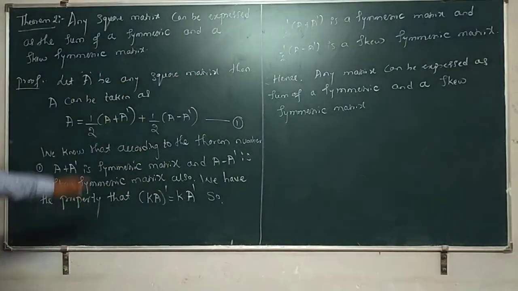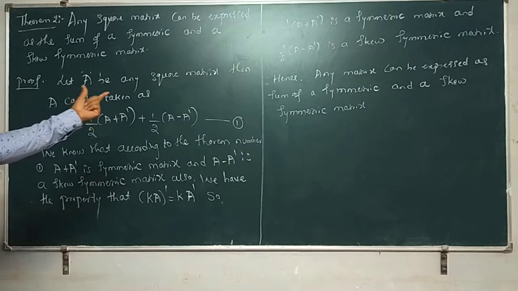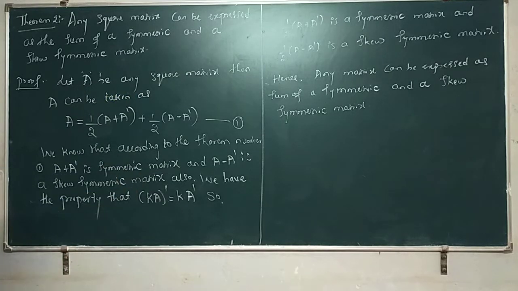Correct? Under the theorem, we have to take the help of theorem number 1, and we should take the help of property number 4 of the transpose.